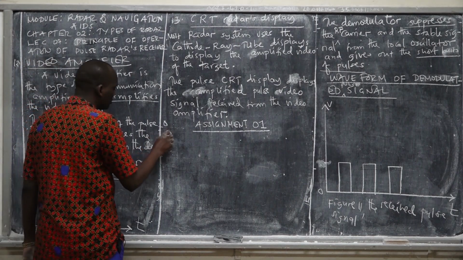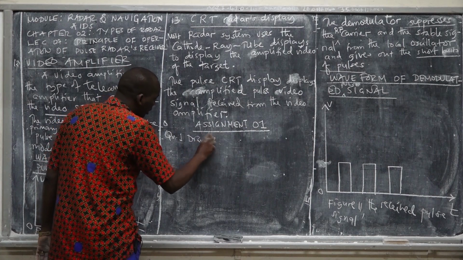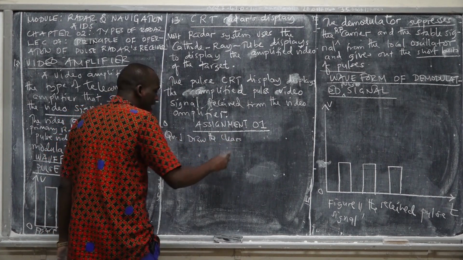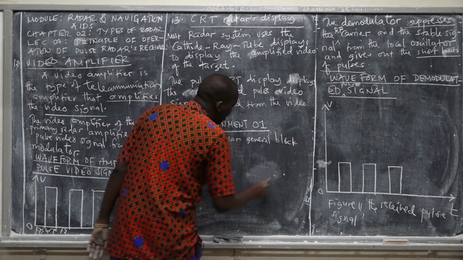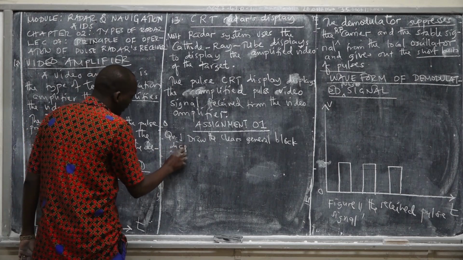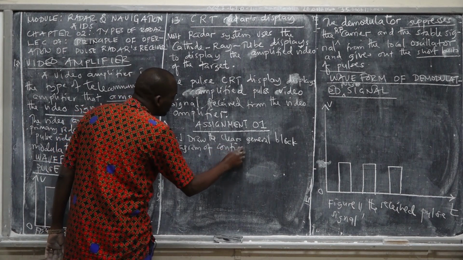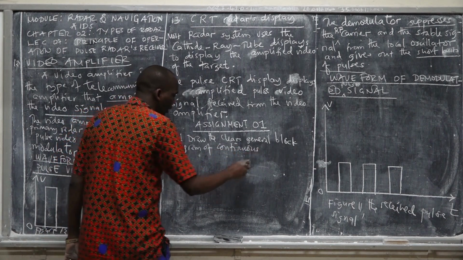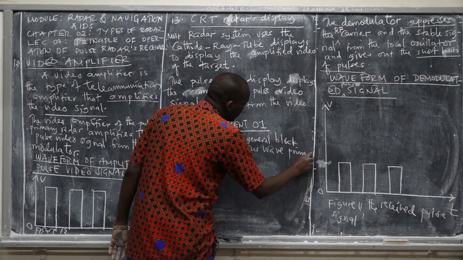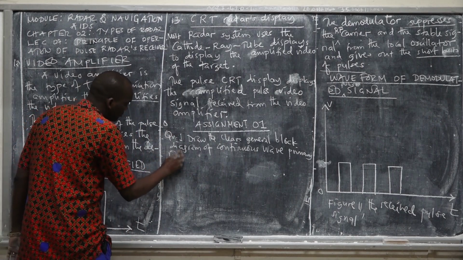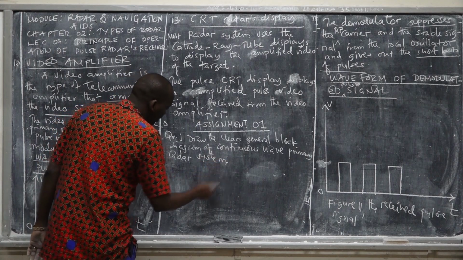The first question: draw the clear general block diagram of a continuous wave primary radar system. This is the first question in this assignment.